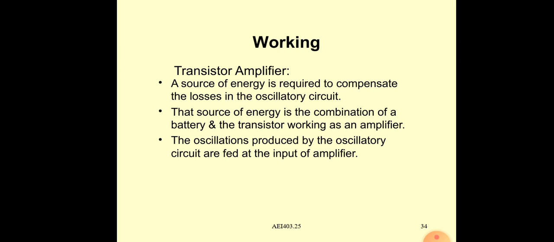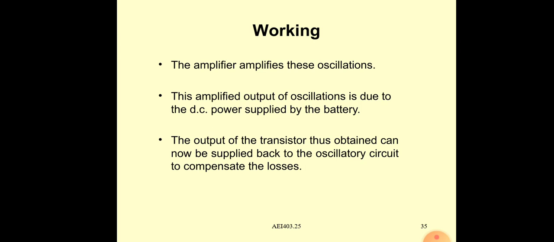Underdamping means with respect to time the signal amplitude decreases. So which device increases the signal amplitude? The transistor. If you use the transistor as an amplifier, it increases the signal amplitude. So here we are using this transistor amplifier to increase the signal amplitude, so that we'll get the undamped signal. The amplifier amplifies those oscillations.